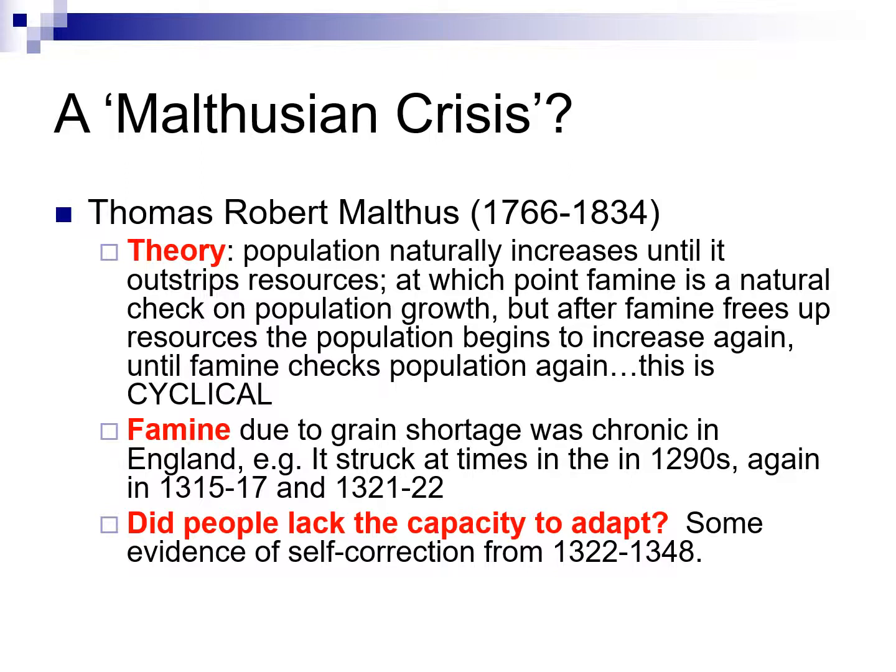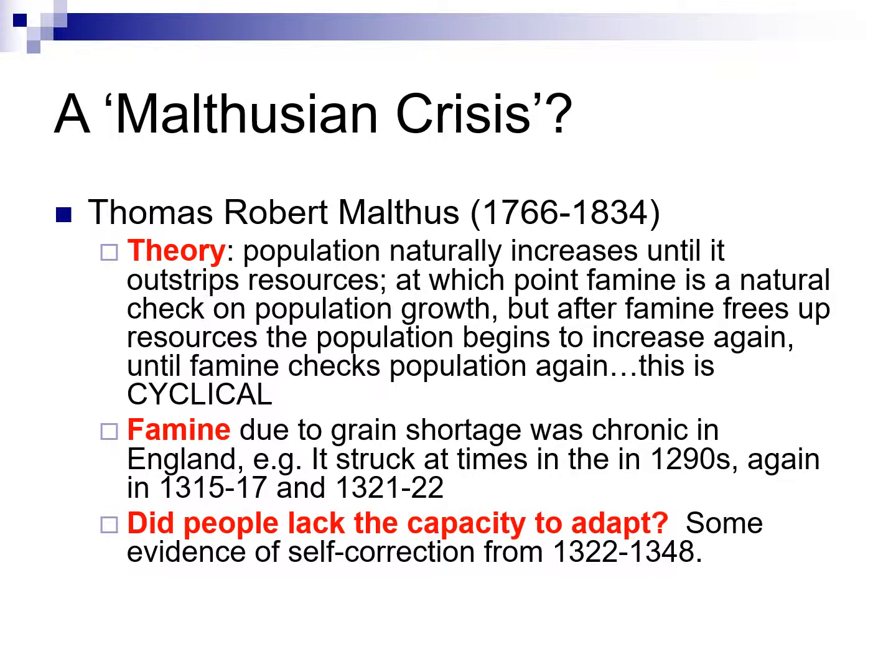Of course, he's responsible for this very basic theory from the really the roots of it probably go back in his mind to the 18th century. So it's a very old concept here, but it's beautiful in its simplicity, and it says population naturally increases until it outstrips food resources, at which point famine is a natural check on population growth.